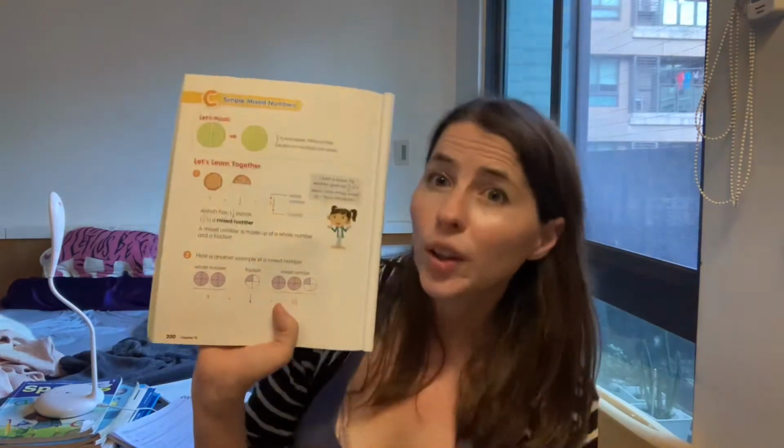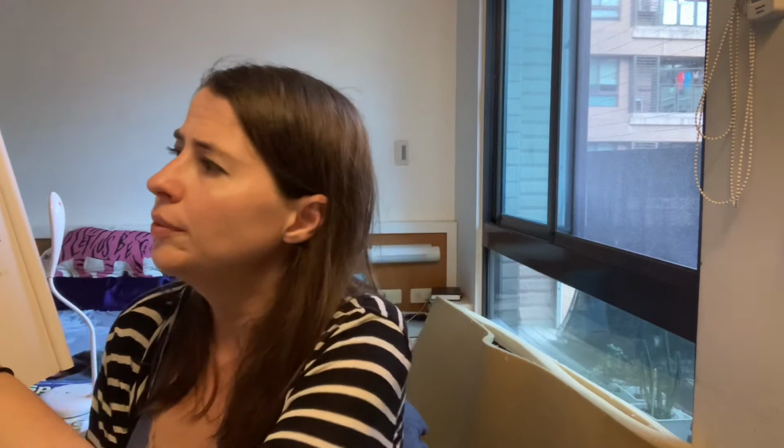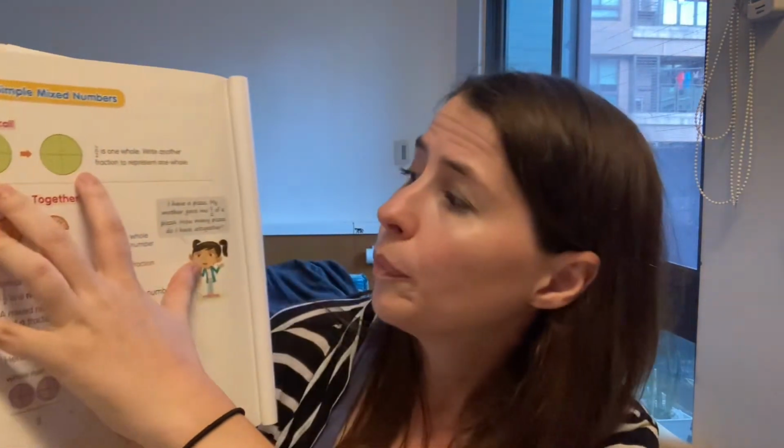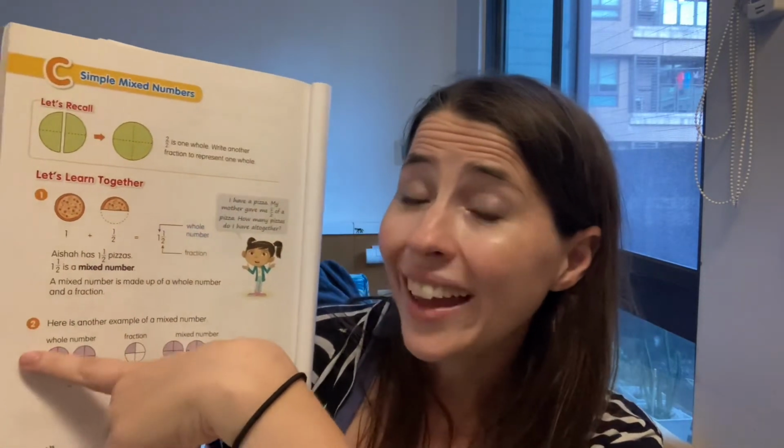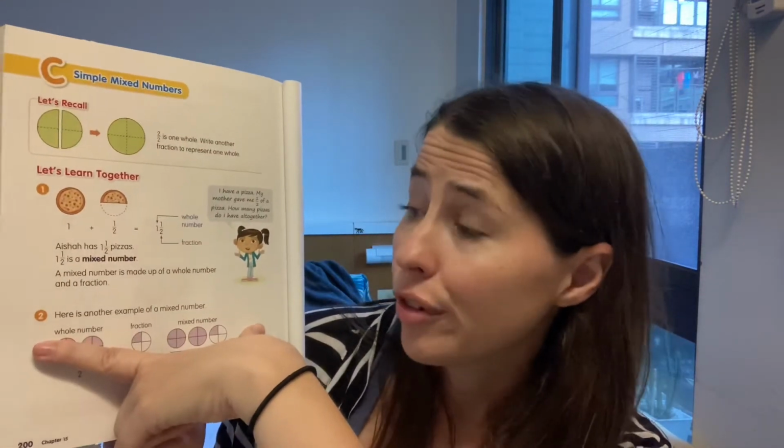Now page 200, you remember mixed numbers. Mixed numbers are whole numbers plus fractions, right? So let's look here. So this one, 2 out of 2 is 1 whole. This one, 1 plus 1/2 equals 1 and a half, okay?